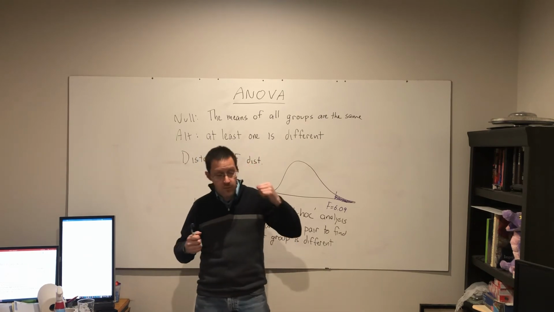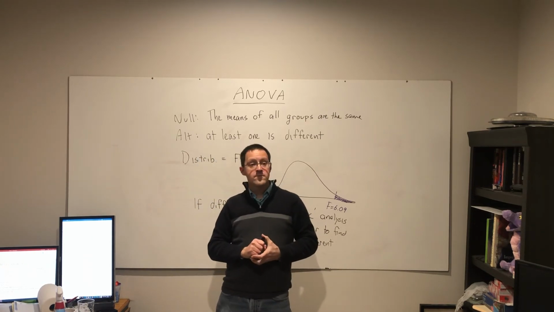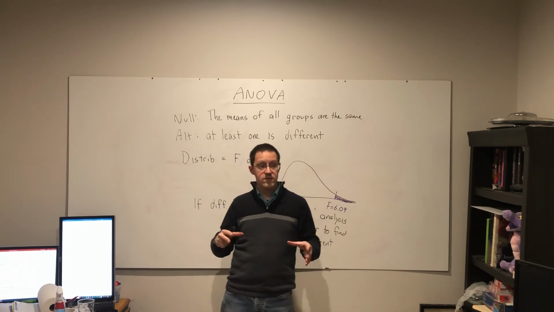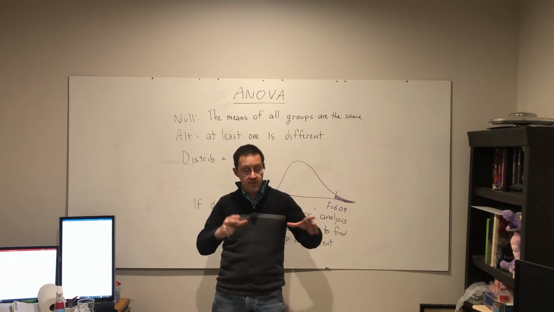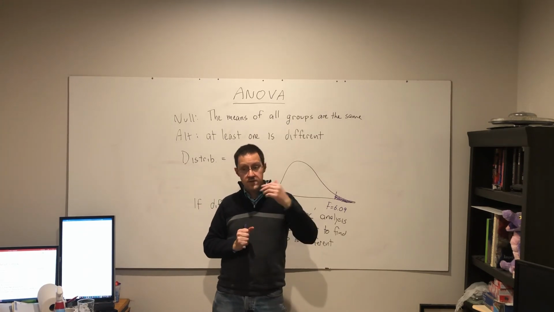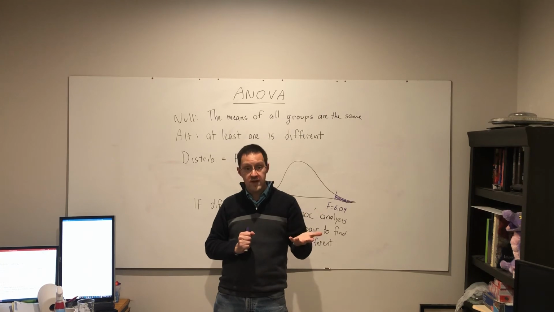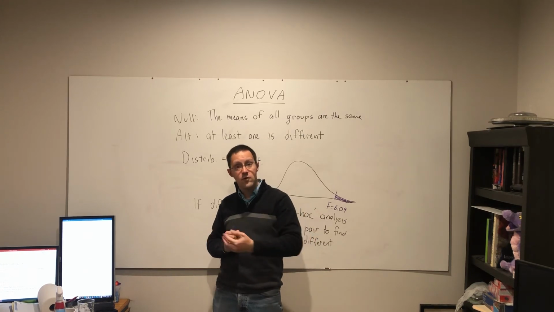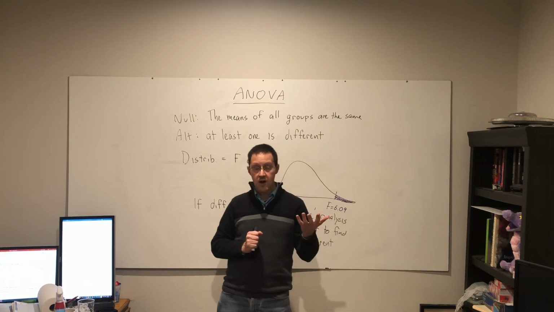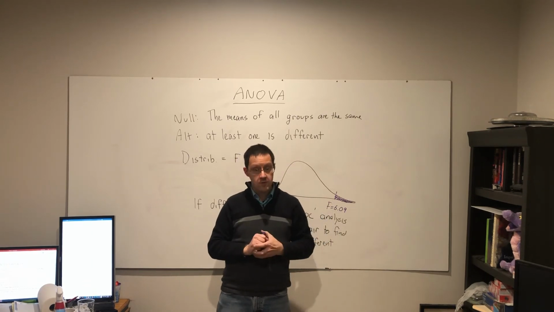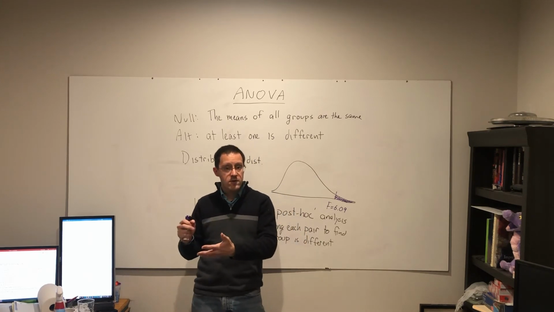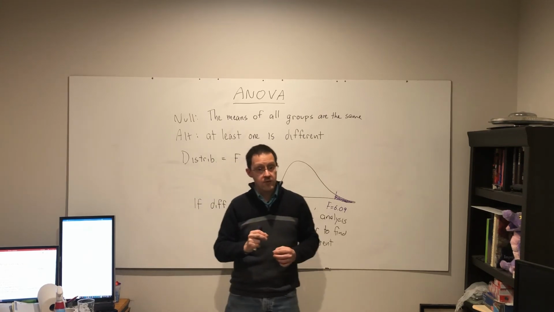So to put an example through all of this, we might have, say, 100 different plots of land, and we want to know, in an agricultural setting, does the soil type affect the productivity of growing corn? So I want to know, do I get more bushels of corn per acre from one kind of soil than another?